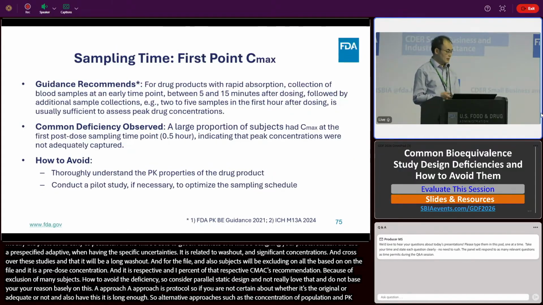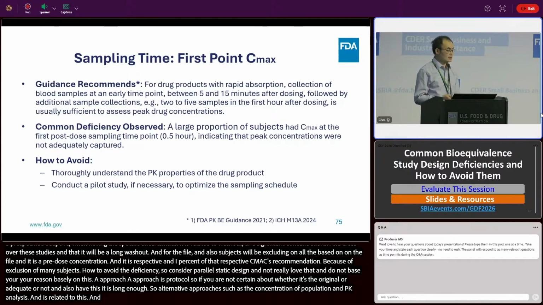The guidance recommends that for products with rapid absorption, collection of blood samples at an early time point between 5 and 15 minutes after dosing, followed by additional sample collections, such as 2 to 5 samples in the first hour after dosing, is usually sufficient to assess peak drug concentrations.